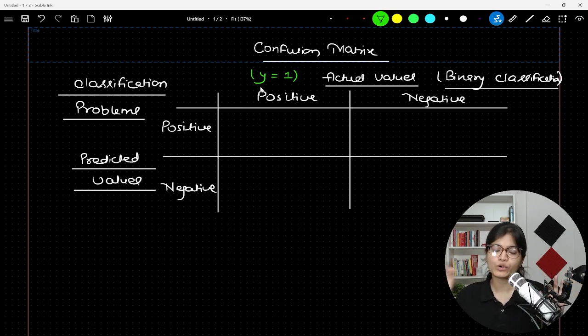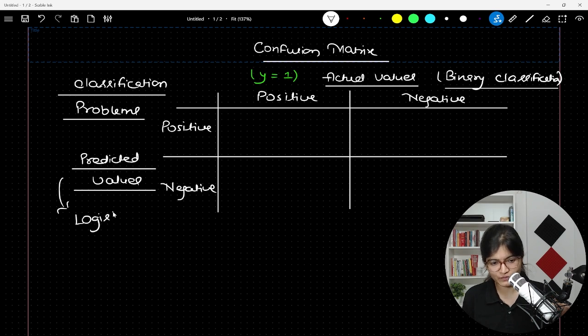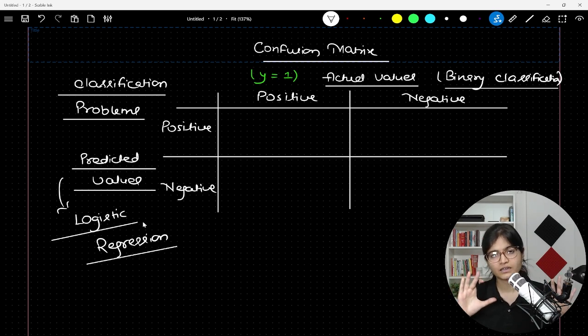I have an actual record where the target value, the outcome value, shows that the person is actually diabetic. And my prediction, when I applied, let's say, the cost function of a logistic regression algorithm, or maybe anything, but as of now, because we have just discussed logistic regression in our course, let me take that example only. I applied the logistic regression algorithm, and that model gave me a prediction that the value of y cap is also 1. It's a good case, right?